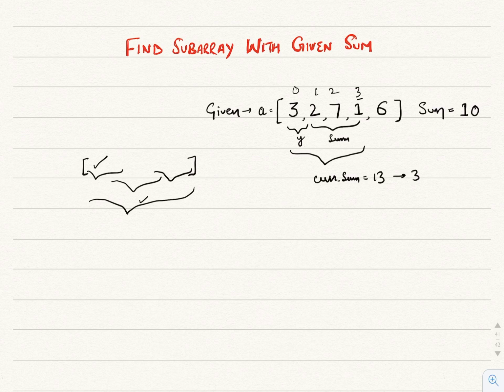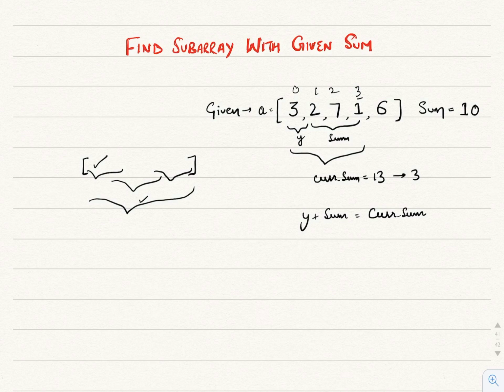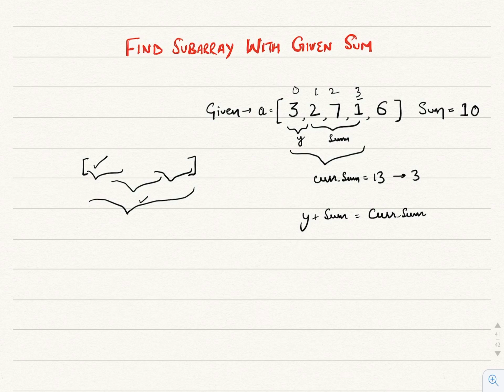So as we can see, y plus sum will be equal to current sum. So if at index 3 we find a y, we can say that we have found a subarray with the given sum. As we have sum and current sum at our disposal, we will find that y by subtracting the given sum from the current sum.